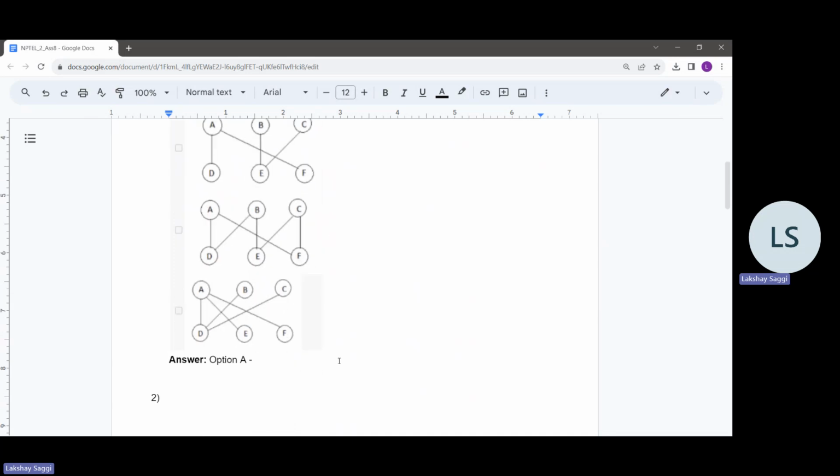So maybe I should write here that it has a complete matching. And what's the matching?